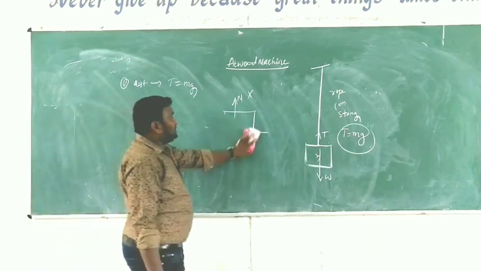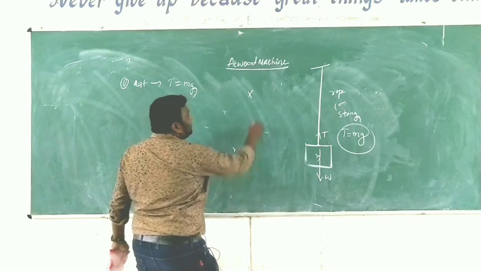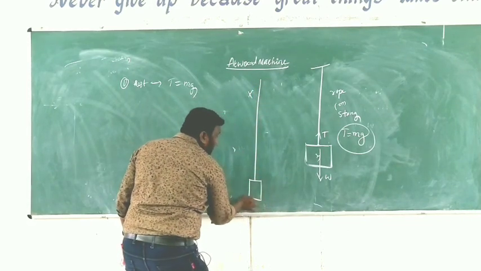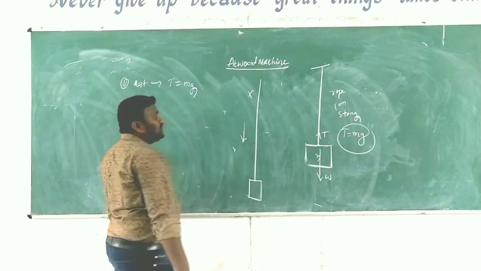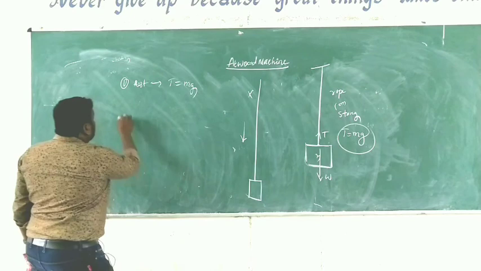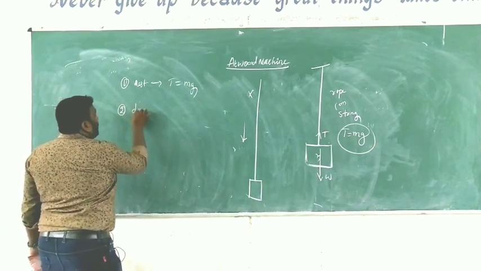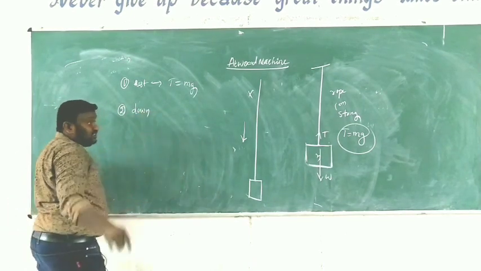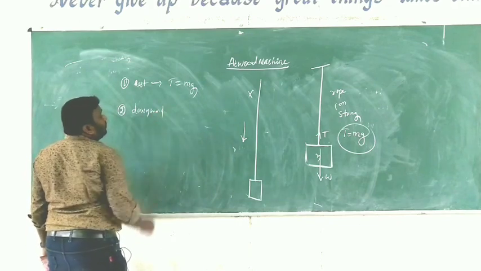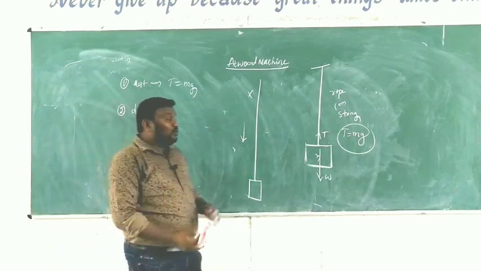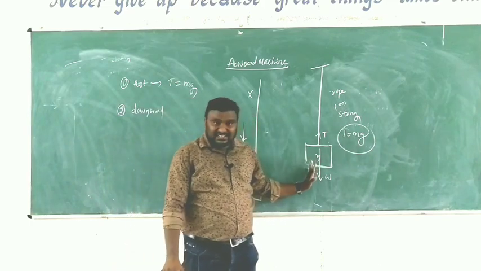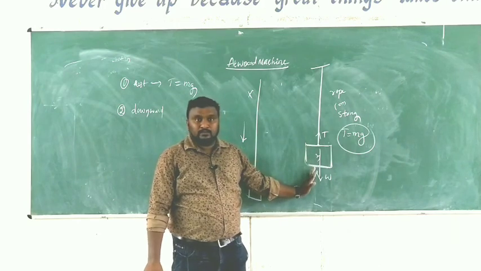Clear? After that, just imagine the rope is coming down. That means the body is moving down. Don't forget, children, this is a very important topic. For downward motion, when it is at rest, these two are equal.